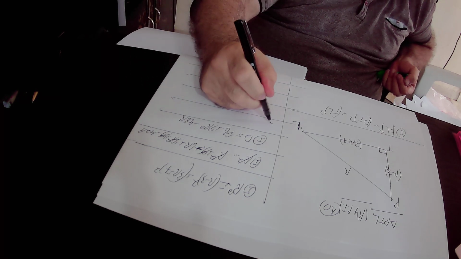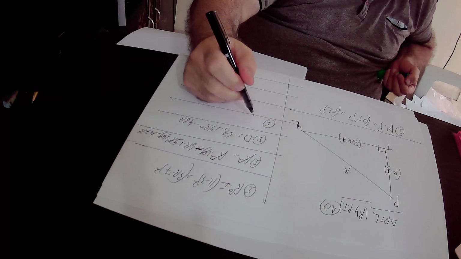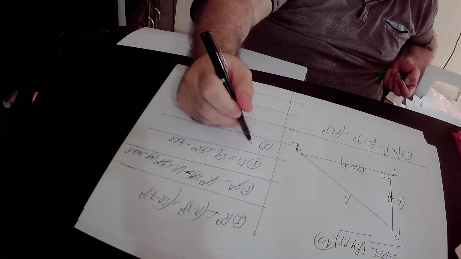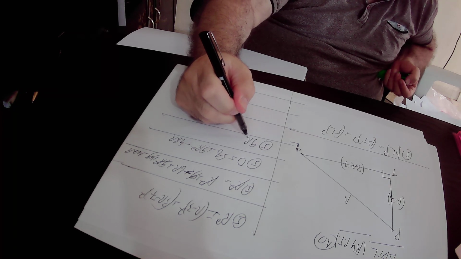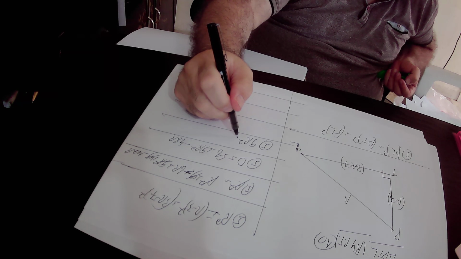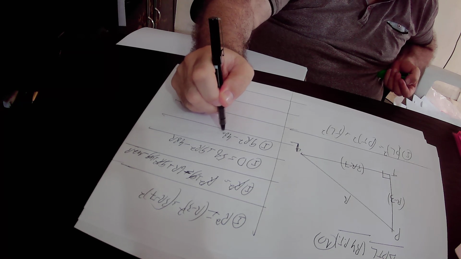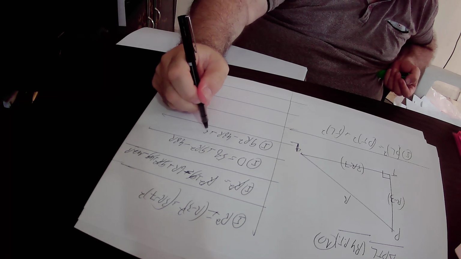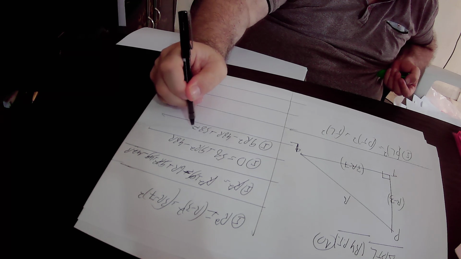So we have here a quadratic equation: 9r squared minus 48r plus 58 is equal to 0.